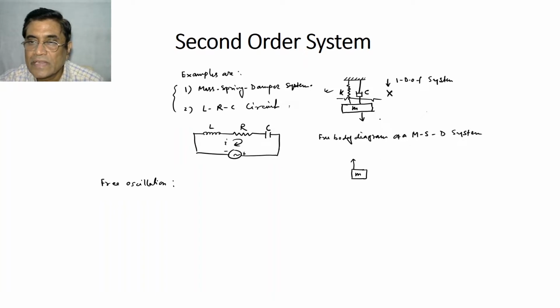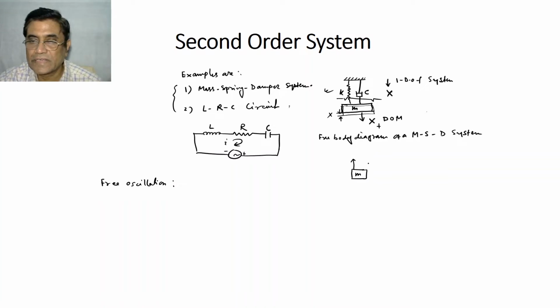When I perturb in this direction, this is my direction of motion. This is positive. So when I perturb, that means I pull this body. This is my X. And I leave it.